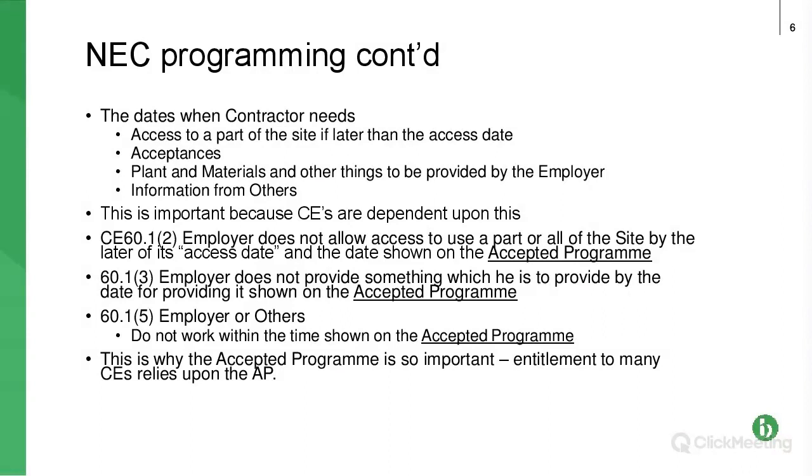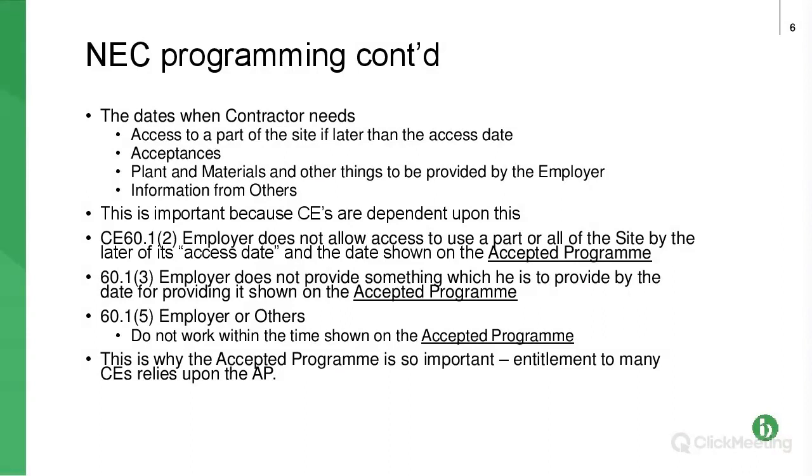So if we just go to the top bullet point, these are the key dates that a programmer must include in the programme, or you are putting potential compensation events massively at risk, and therefore potentially losing your business a lot of money.